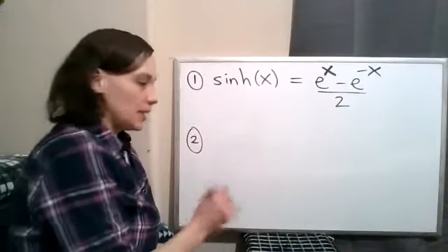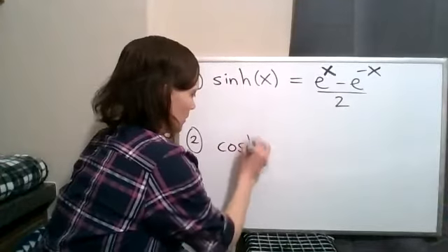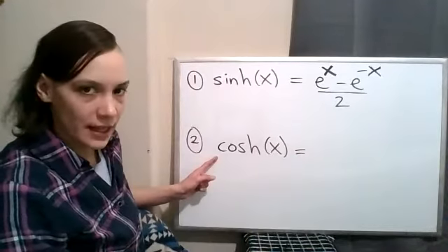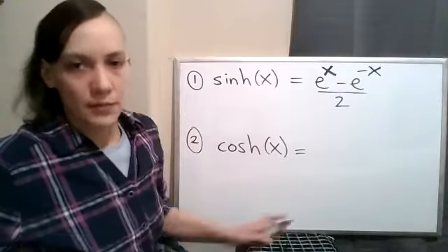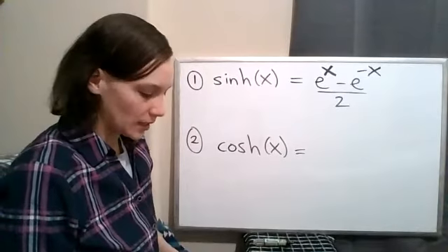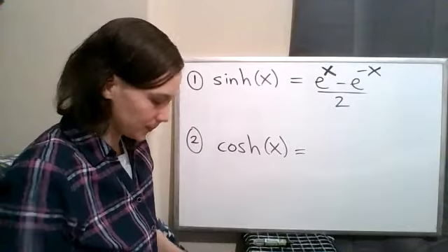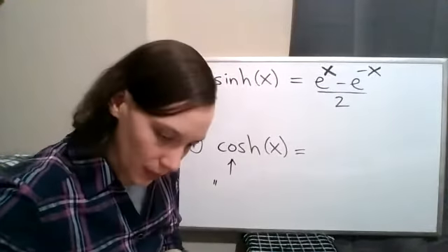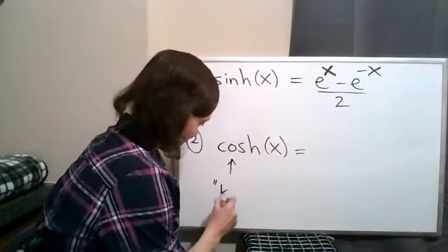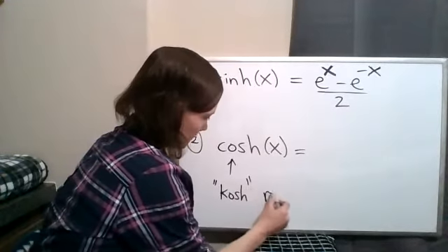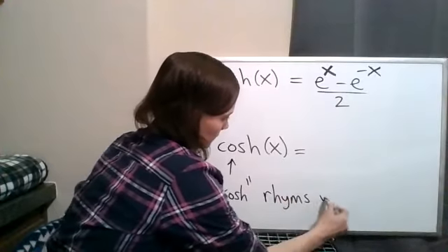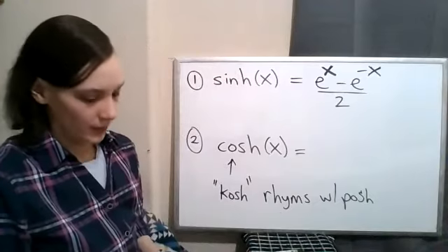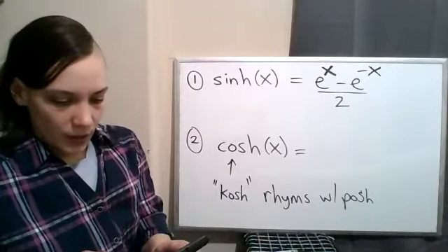The next one would be spelled COSH of x. This one we're going to say like "kosh," similar to posh. Let me make sure I got that.